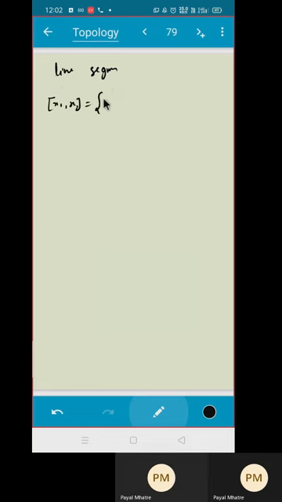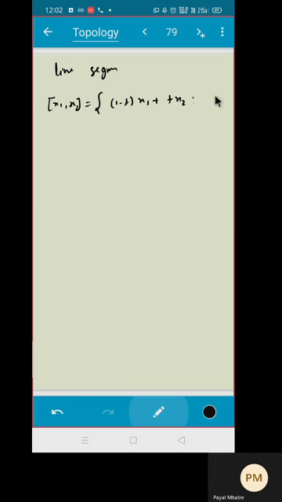The definition is the set of all (1 minus t) x1 plus t x2, correct, where t is between 0 and 1. This is what your set is. Let us consider y belonging to this line segment x1, x2.